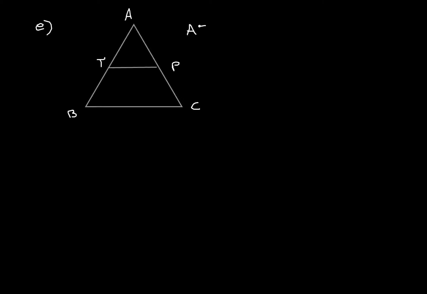It says AT equals 1/3 of AB. And then we're going to get PC equals 2AP. So what I did was I said AT over here is 1/3 of AB.